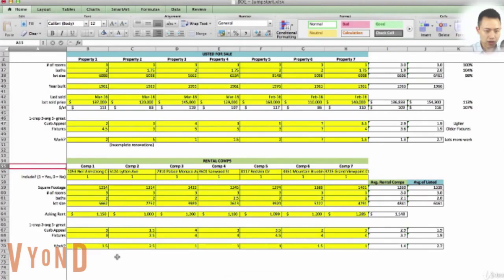Do that for all 3 parts: the properties listed for sale, recent sale comps, and then recent rents. Do it until you have at least 3 properties listed for sale, at least 3 sales comps, and at least 3 rental comps. Then I'm going to tell you what they all mean.